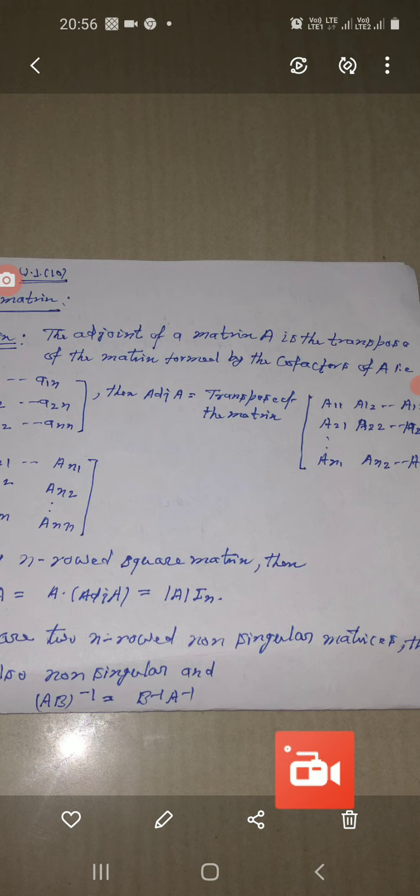Now we will discuss one very important theorem, and this is always asked in your paper.